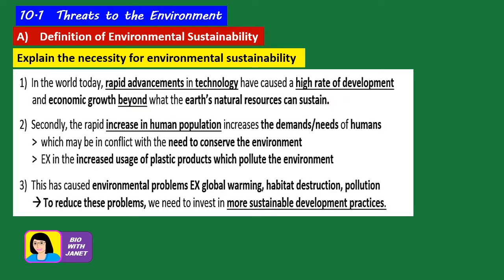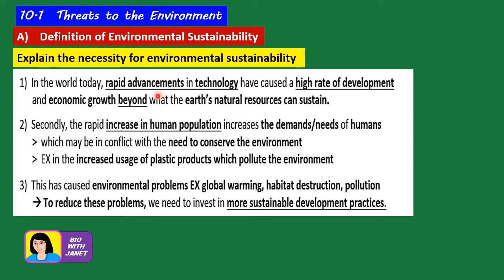Now, firstly, we're going to discuss the definition of environmental sustainability. But before that, let's explain the necessity for environmental sustainability. Environmental sustainability, simply put, is protection of the environment, conservation, and the restoration of the environment, all right, to be in a good condition, okay, for a long period of time, not just for this generation, but for the coming or future generations.